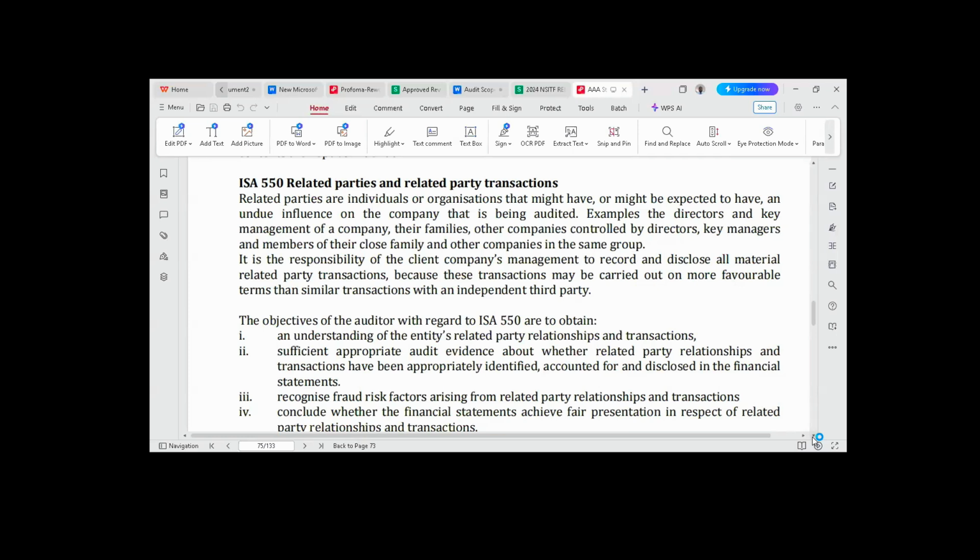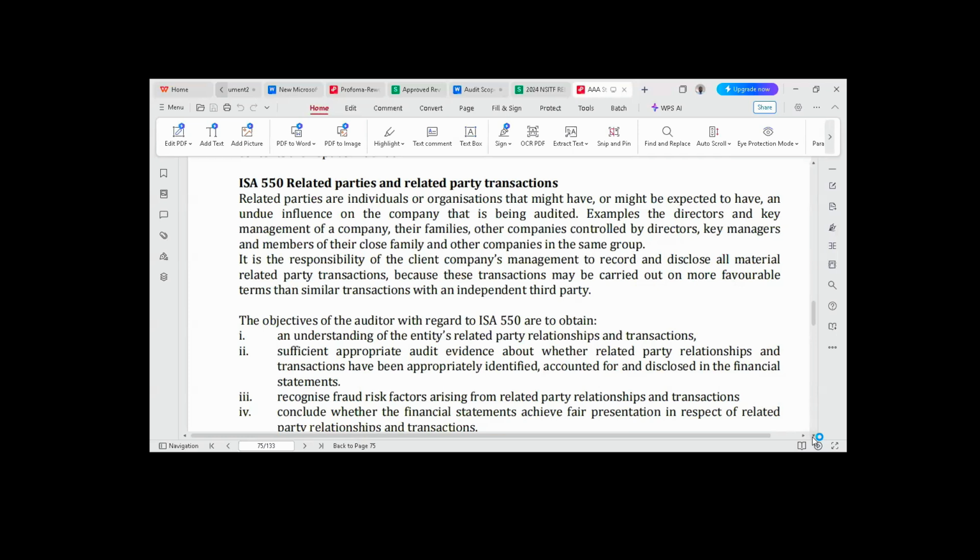Because of the related party relationship that exists between the client and the expert or the consultant that is performing the engagement. So these are the kind of fraud risks that you can find, because they are going to overbloat the consultancy fee so that both the client and the consultant can have a fair share after the engagement has been completed.